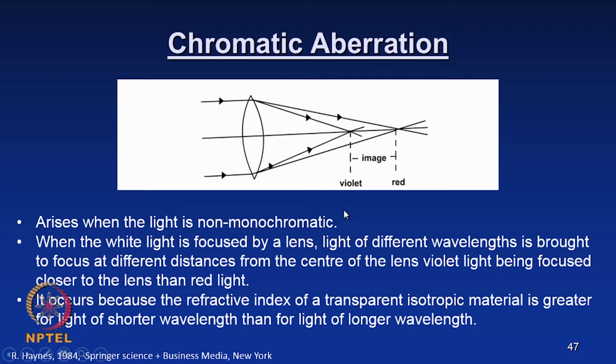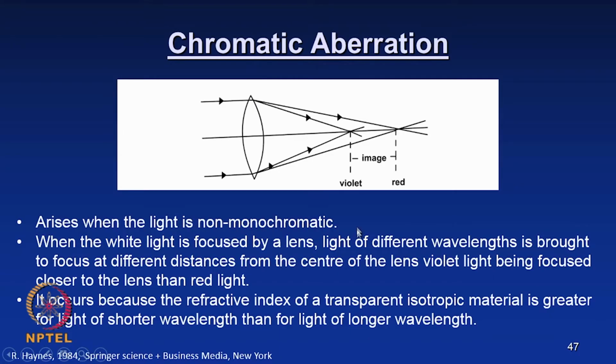Whatever the defects we had discussed before, be it coma or astigmatism or spherical aberration, they occur when we use monochromatic radiation, and this one arises when the light is non-monochromatic. You have to remember this, it is a very important point.